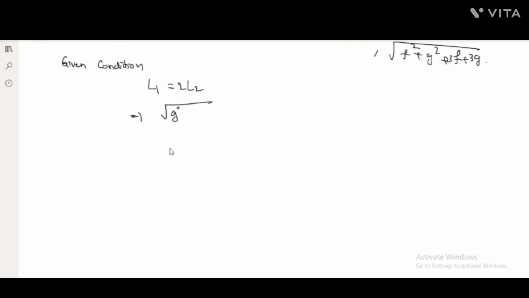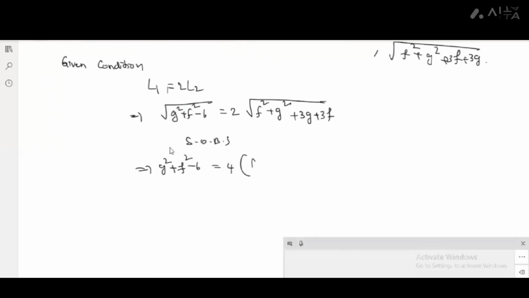Root over g square plus f square minus 6, that is equal to 2 times root over f square plus g square plus 3g plus 3f. Let's square both sides. We will get g square plus f square minus 6 is equal to 4 times f square plus g square plus 3g plus 3f.